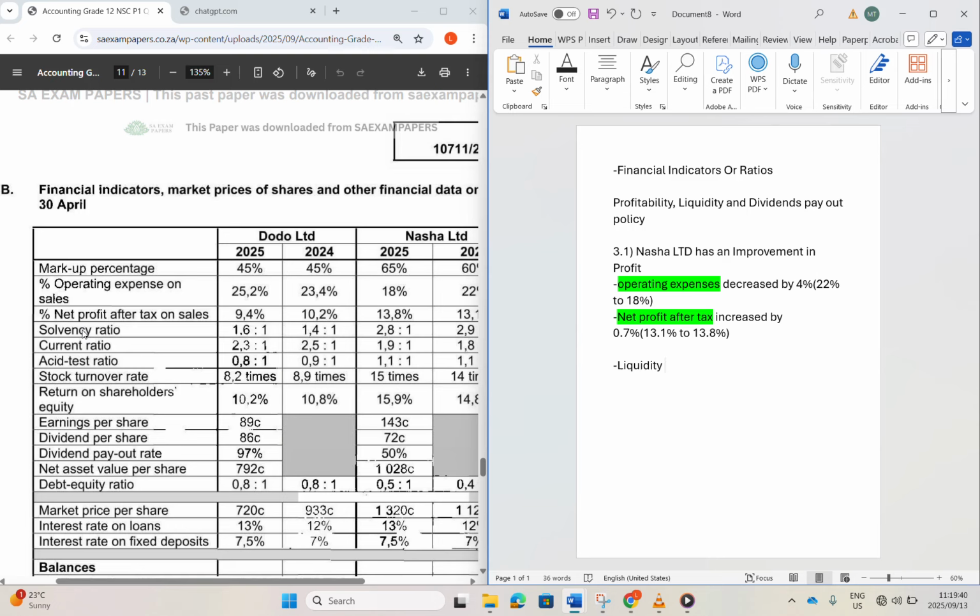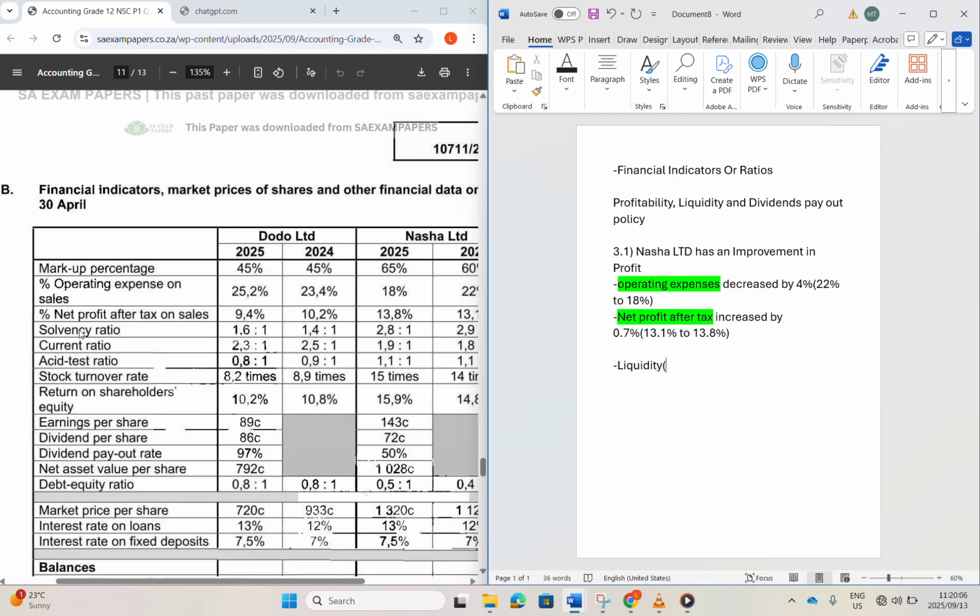And the other thing, if you want to improve your marks, just know your ratios. When they mention liquidity, you must know that they are talking about the solvency, the current ratio, the acid test ratio, the stock turnover rate. There are 6. You have to know all the liquidity ratios to make sure that you get the total.